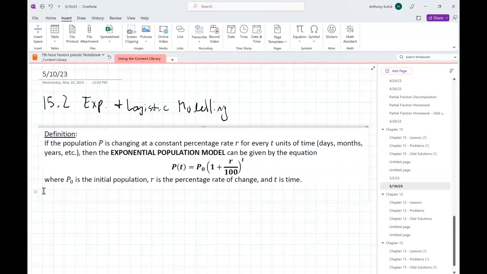So the general exponential population model is here, where P of t is the population at some time t. And that's equal to P naught, which is the initial population, times the quantity 1 plus R over 100, where R is the rate of population change as a percentage, and then t is some time.